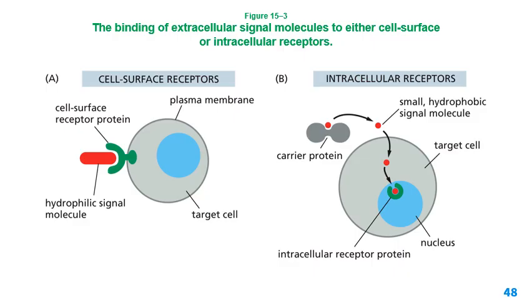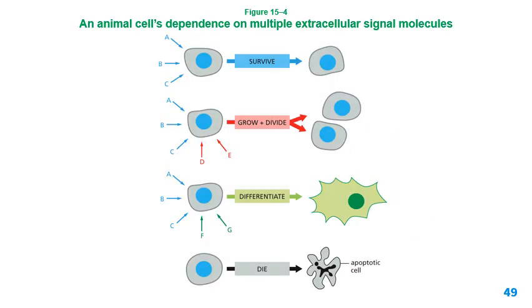So here's from your book, showing your surface bound receptor or your cellular bound receptor. In this case here, you have a receptor that is inside of the nucleus. So an intracellular receptor could be either in the cytoplasm or inside of the nucleus. And sometimes you can have a receptor that is in the cytoplasm and moves to the nucleus.